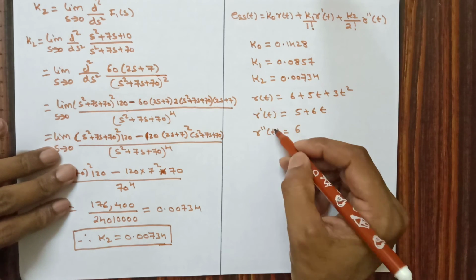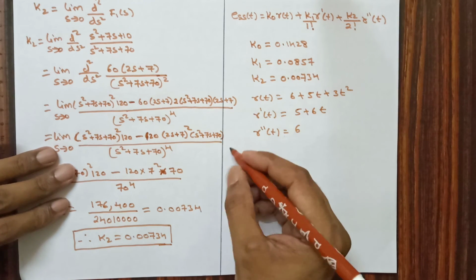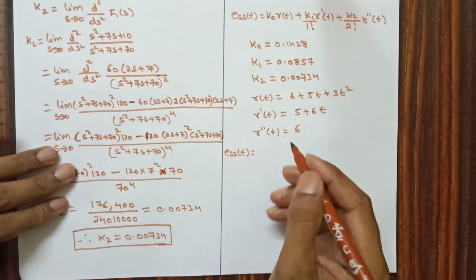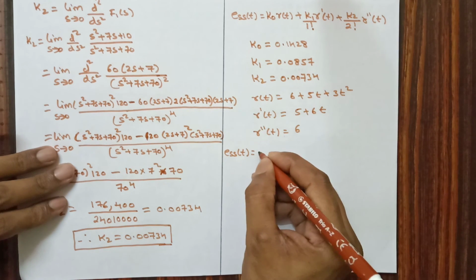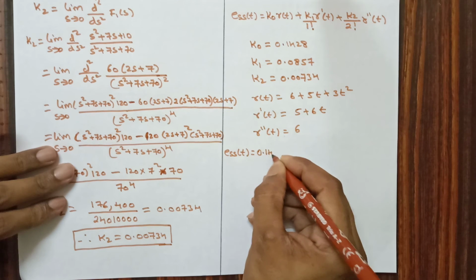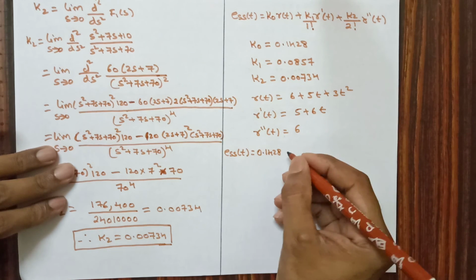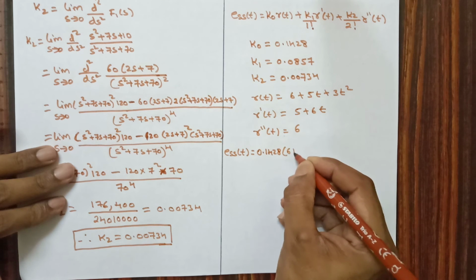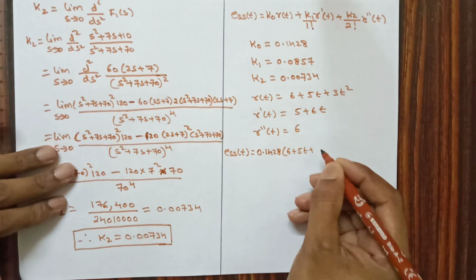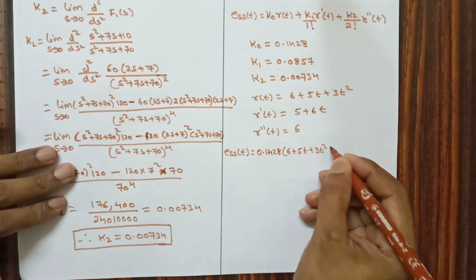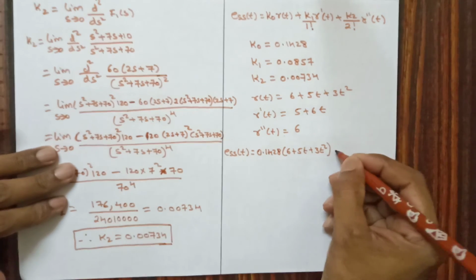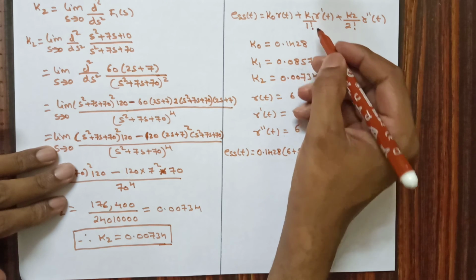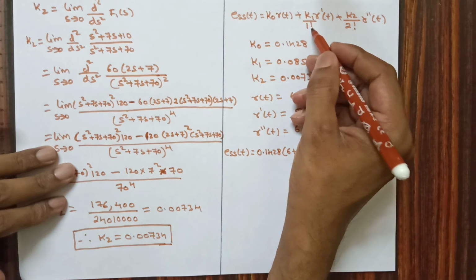By substituting these values in the above formula, we will get ESS of t is equivalent to, K0 value is 0.1428 into 6 plus 5t plus 3t square, plus K1, and 1 factorial is 1.